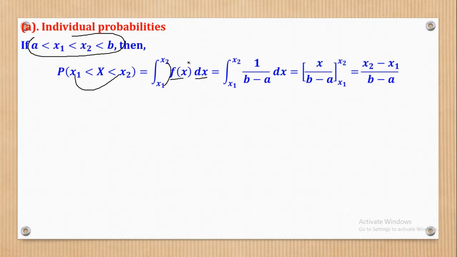We know that f(x) is 1 over B minus A, and the whole of this is a constant. Therefore, when I integrate, I'll come up with this multiplied by this multiplied by x. Then when I substitute the limits, where there is x, put there x2 to come up with that, and where there is also x, put there x1 to come up with that.